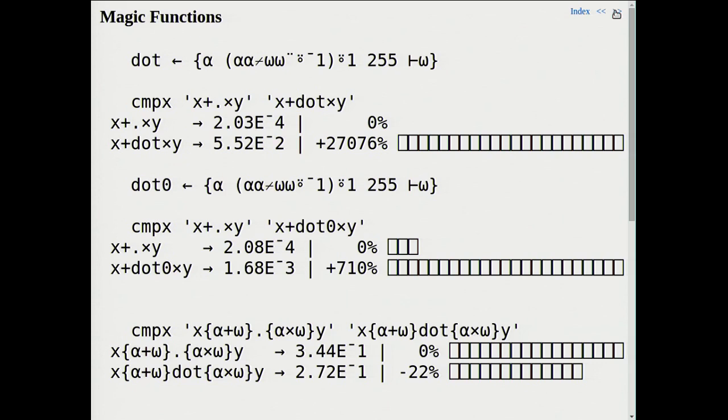So that's not bad for 5 minutes worth of analysis and coding. And here's the pièce de résistance. If I use general arguments that the primitive dot operator doesn't recognize, the same thing for the magic function, the magic function is faster.